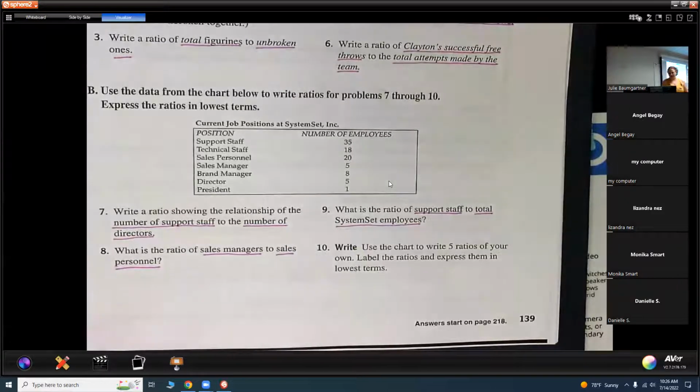You don't really have to worry about number 10 unless you're really in the mood to write more ratios, but I think 9 is plenty. But, you know, don't let me stop you.